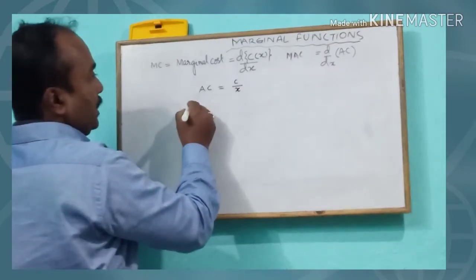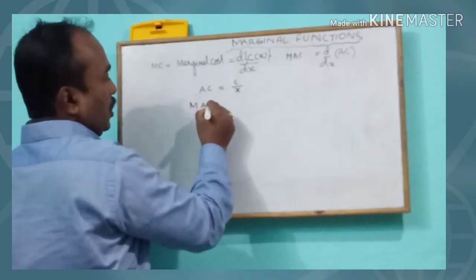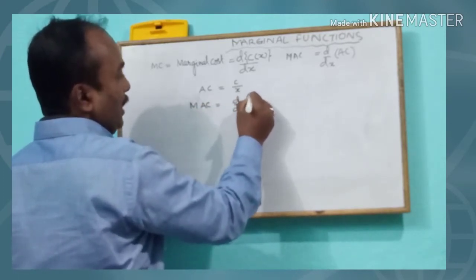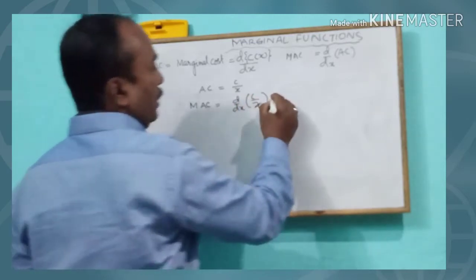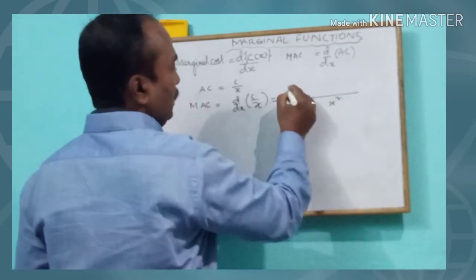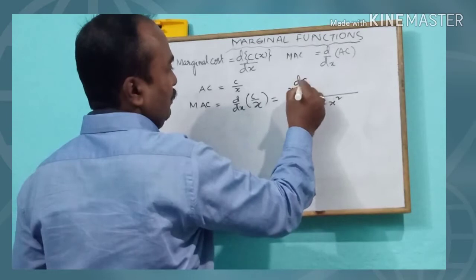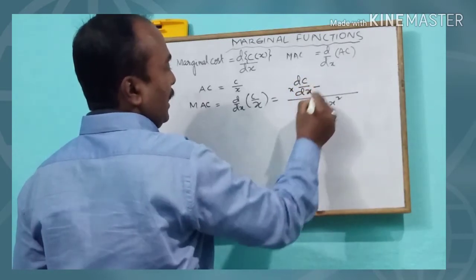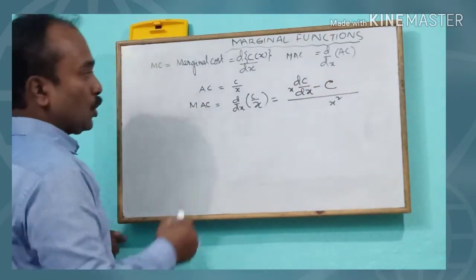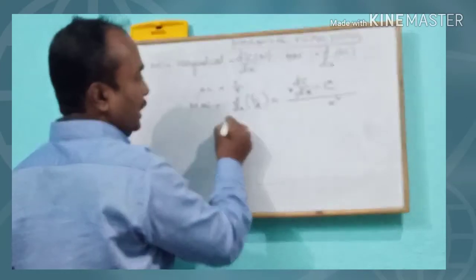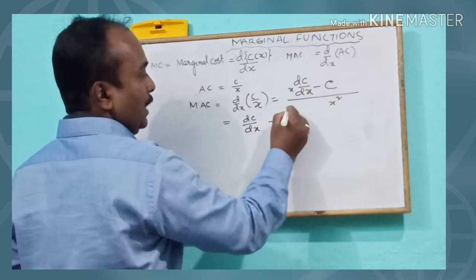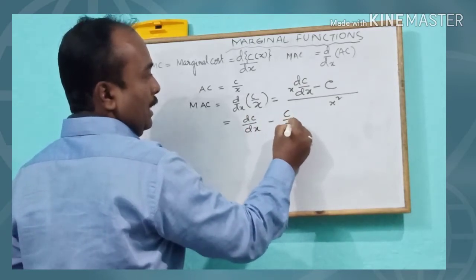So marginal average cost is given by derivative of C by X. Applying U by V formula or quotient rule, this is X square, X derivative of C with respect to X minus derivative of X is 1 into C. C is the total cost. So this is further written as derivative of C with respect to X minus C by X.